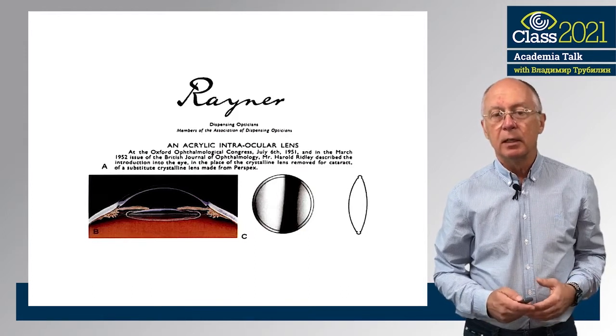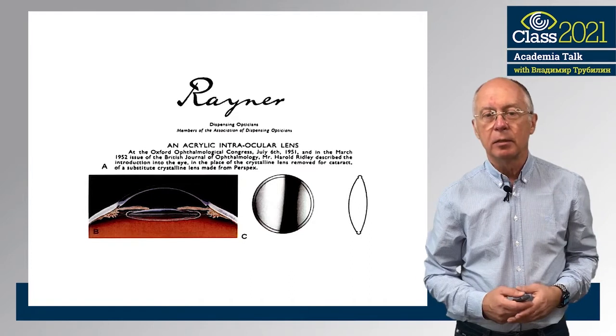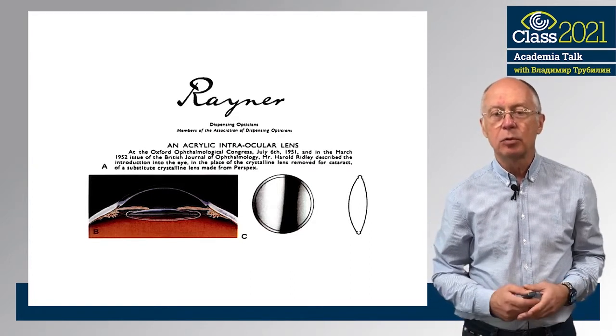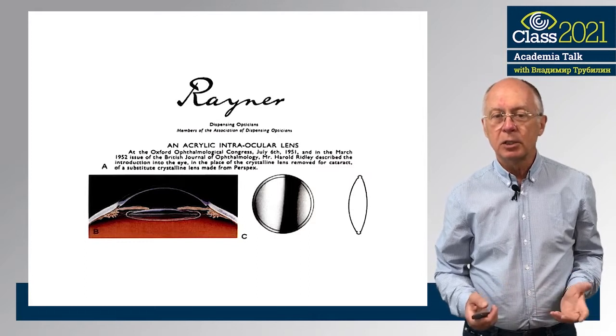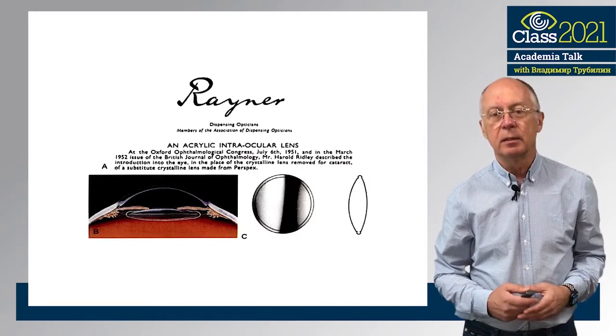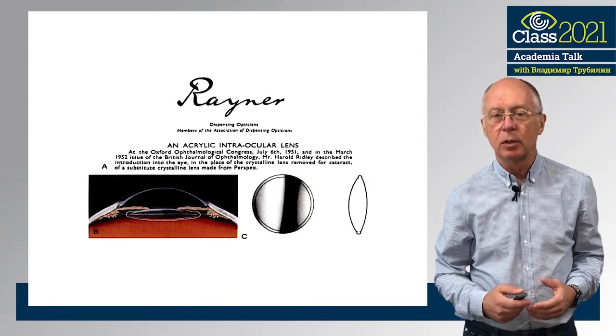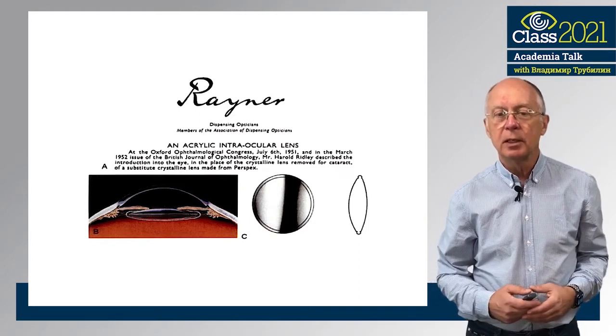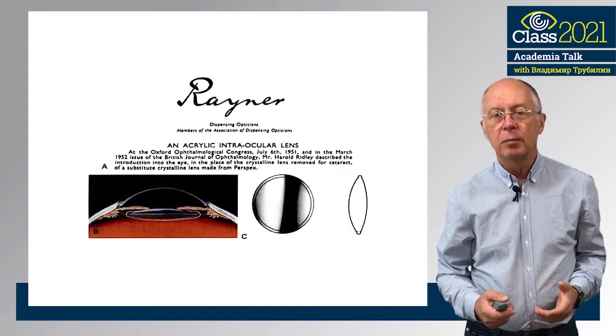As you well know, the early experiment did not show good results when it comes to optics. This was caused by Ridley's miscalculation of optical power of the intraocular lens and led to myopia of 14 diopters and rather large astigmatism, around 5 diopters, which was associated with a large incision.